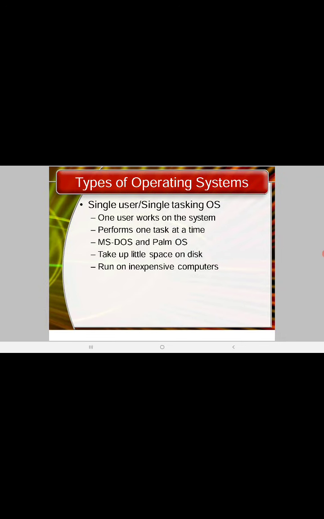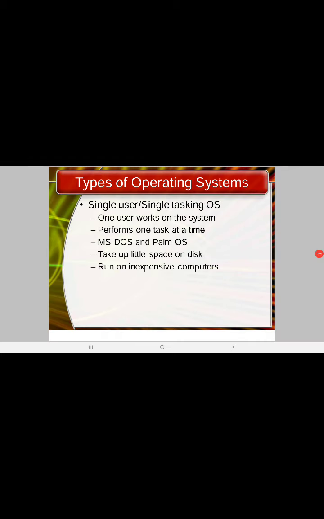So operating systems are four types: single user or single tasking operating systems, multiple user or multitasking operating systems, batch operating systems, and real-time operating systems. So next is single user or single tasking.